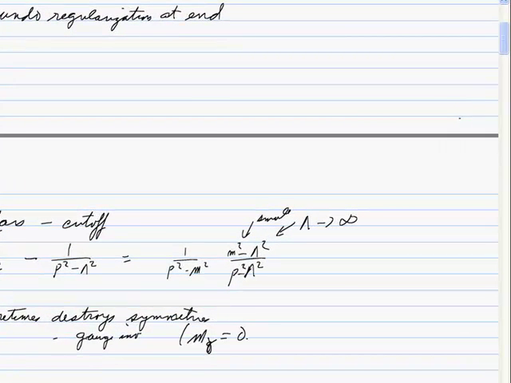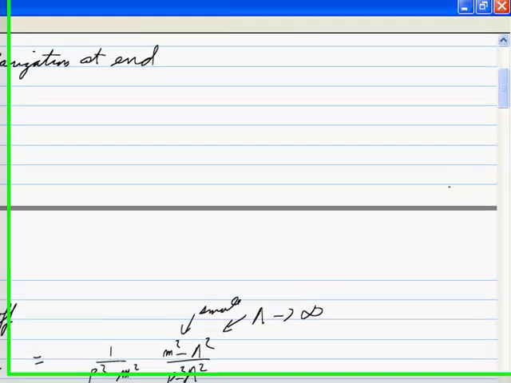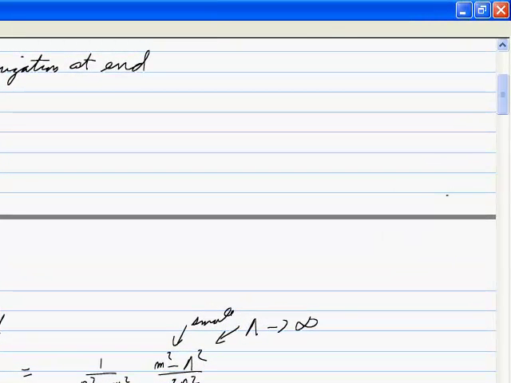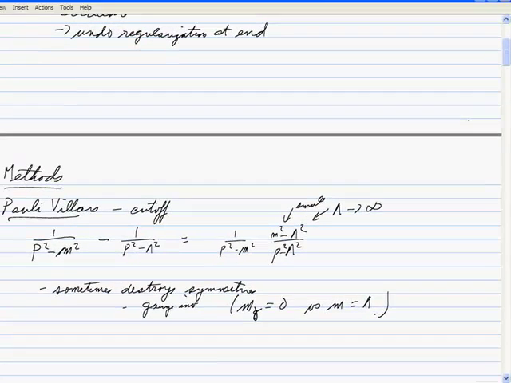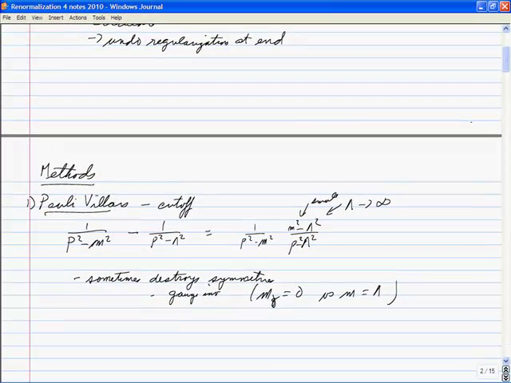If you gave the photon a mass, you don't have gauge invariance. But if you do this trick with this propagator, the first side will have m equals 0, but the second side has m equals lambda. So it's like subtracting off a photon with extremely large mass, and that causes troubles with gauge invariance. So some of the things that happen normally with gauge invariance no longer happen.